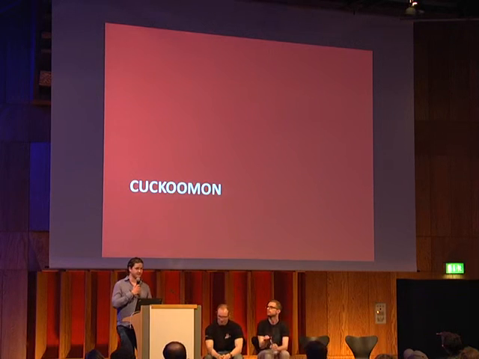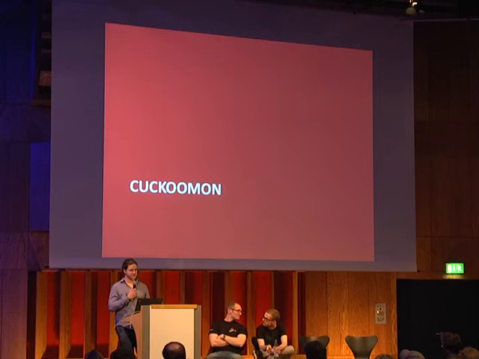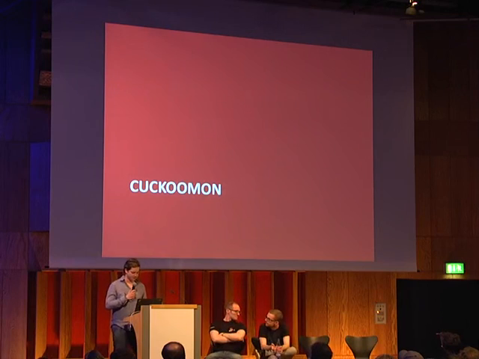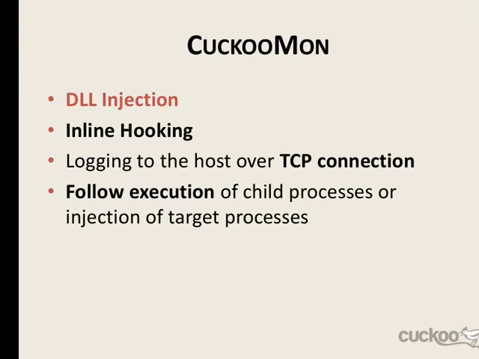As explained, Cuckoo starts a virtual machine, and inside the virtual machine it spawns a process, which is the malware or the sample or the PDF file, and we inject the DLL into this process. Basically what we try to do is inline hooking. There's a bunch of Windows APIs in which we are interested, and we hook these functions.